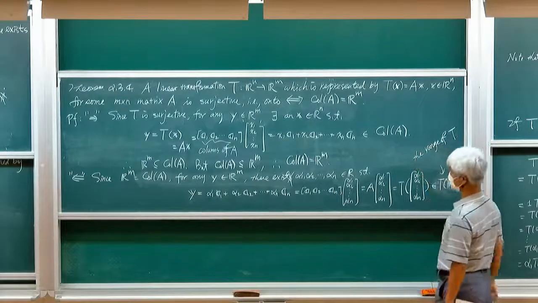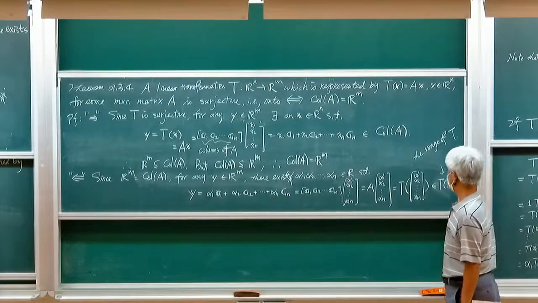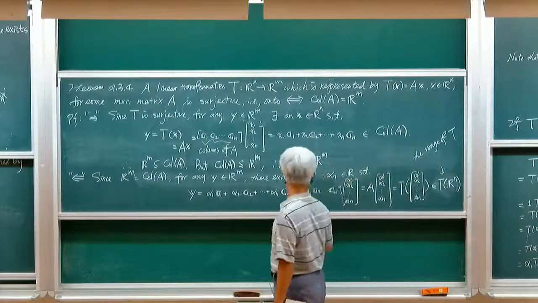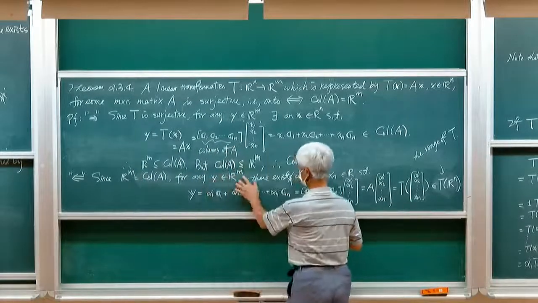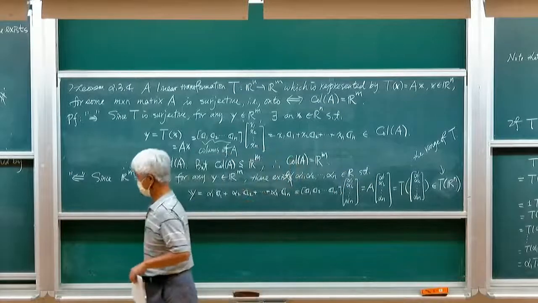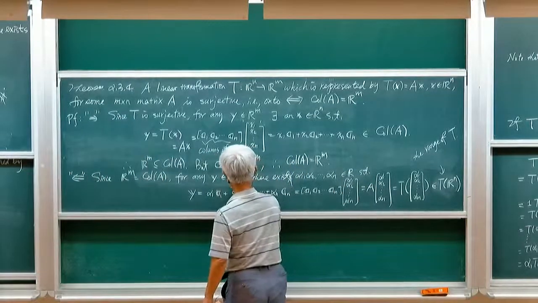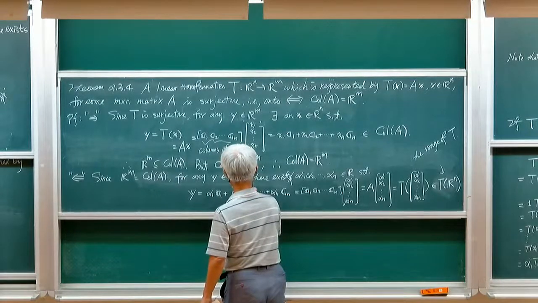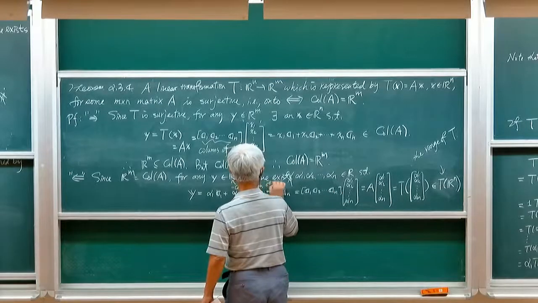Okay, so every y in the codomain. So this is the R^m, the codomain of T, all right?